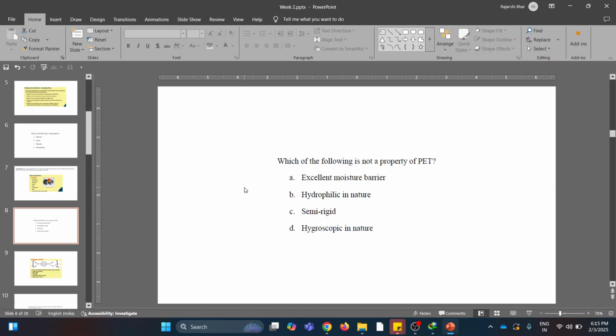Which of the following is not a property of PET? This is a very simple question. You can just use your general observations for answering it.